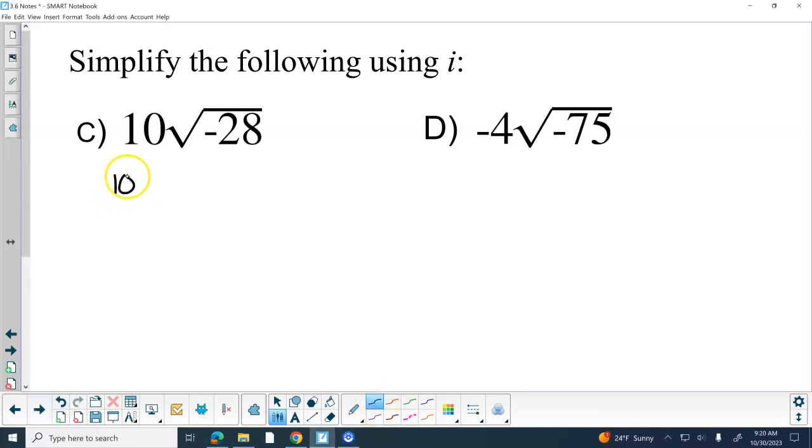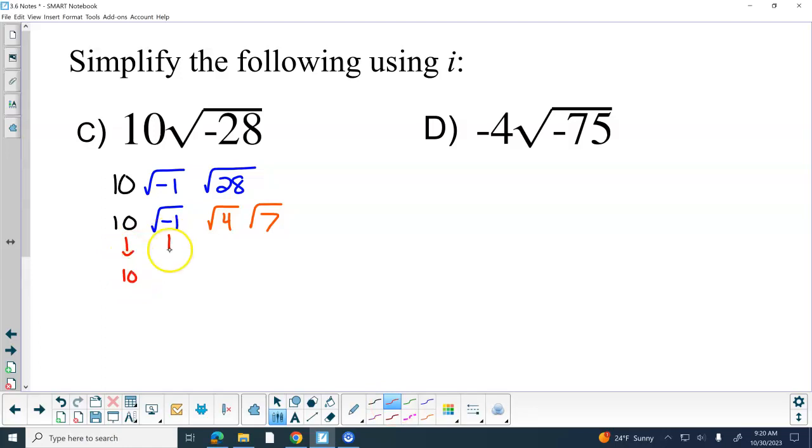So we've got 10, and we've got the square root of -1, and then we've got the square root of 28, but the square root of 28 is the square root of 4 and the square root of 7. Ten is 10. It's on the outside. It stays on the outside.